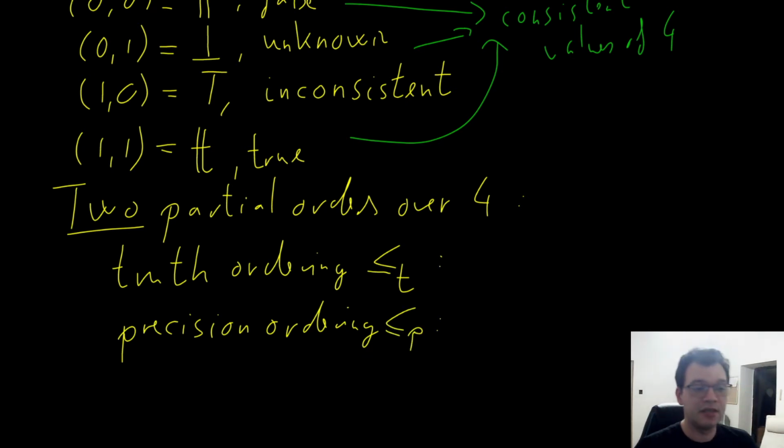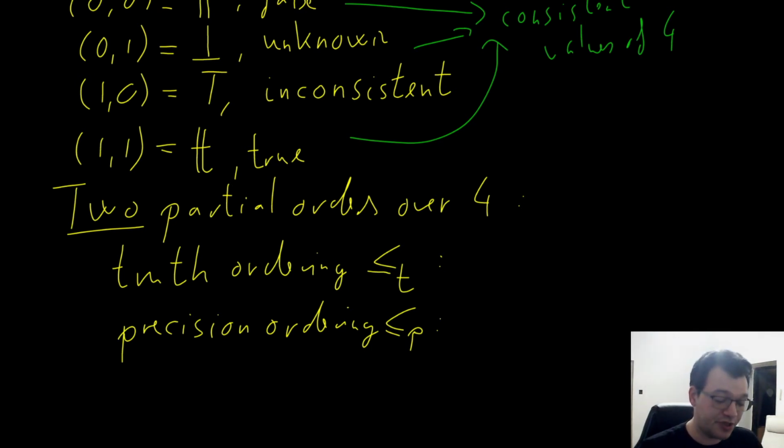Okay, so the truth ordering means that one interval is more true than the other if both of its endpoints are more true than the corresponding endpoints of the other interval.